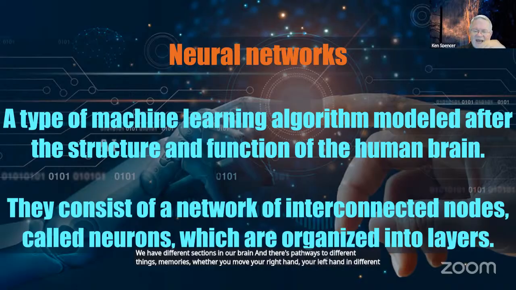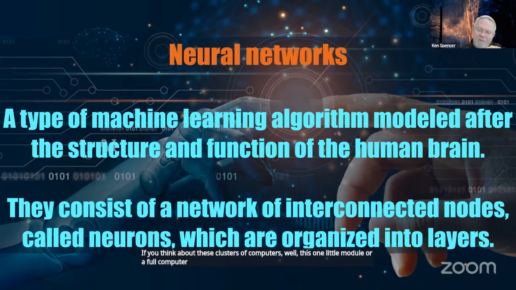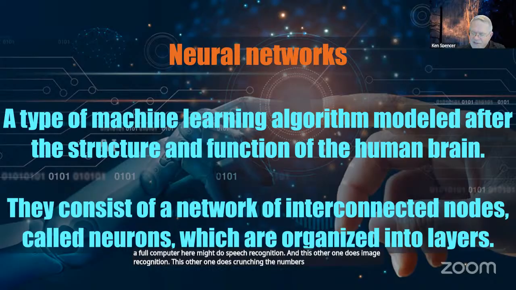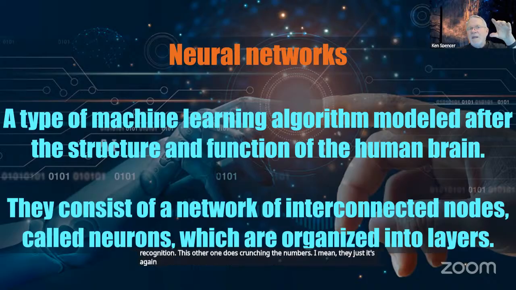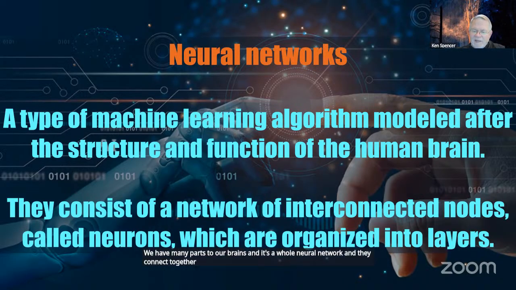So when they say a neural network, if you think about these clusters of computers, well, this one little module or a full computer here might do speech recognition, and this other one does image recognition. This other one does crunching the numbers. Again, we have many parts to our brains, and it's a whole neural network, and they connect together. That's what happened in these computers.